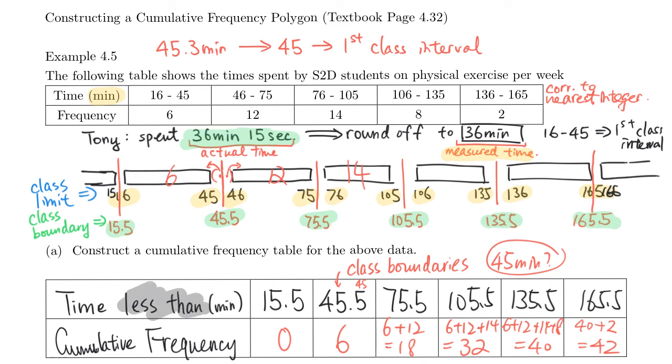Secondly, you have to put the class boundaries in the first row. And then the final thing you have to remember is the second row is the cumulative frequency. Don't forget the word cumulative. And then, in the next video, we will talk about how to draw the cumulative frequency polygon.